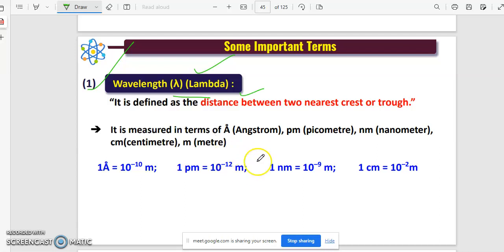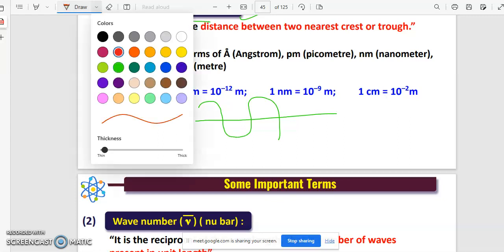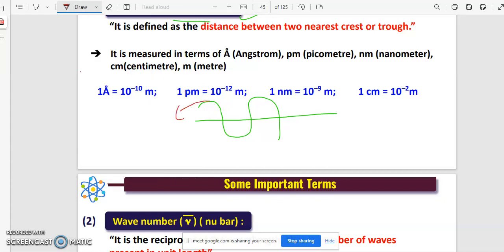It is defined as the distance between two nearest crests or troughs. Do you know what these are? Crest or trough? If I make a rough diagram here, you can tell me. Are these above ones crests or troughs?